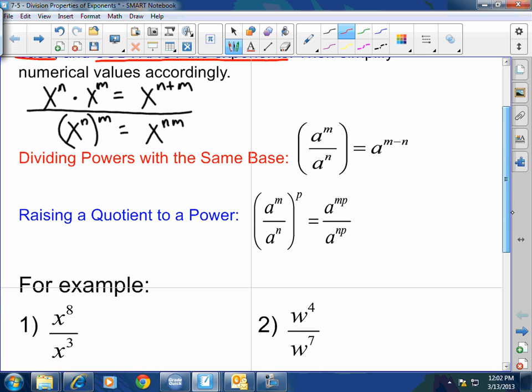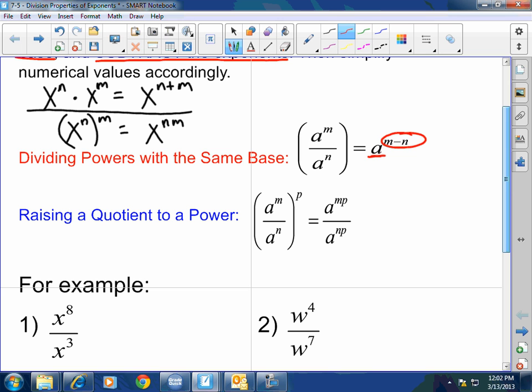The rule, the real power law, is when you divide the same base, a to the m divided by a to the n, you keep the base a and you subtract the exponents, m minus n. Whatever the value of n is, even if it's a negative, it's m minus the negative n.